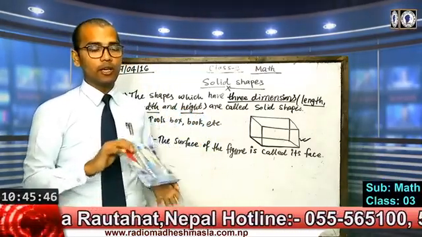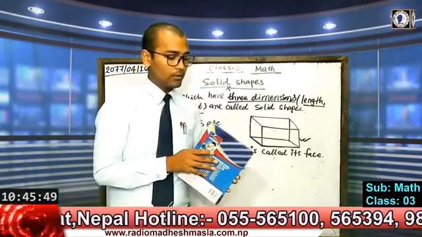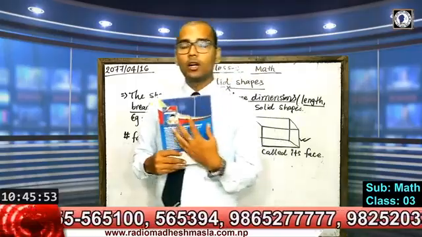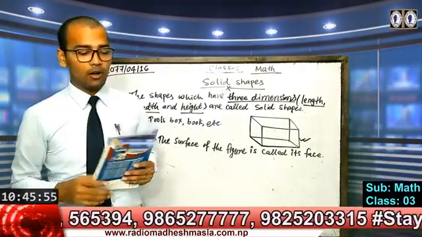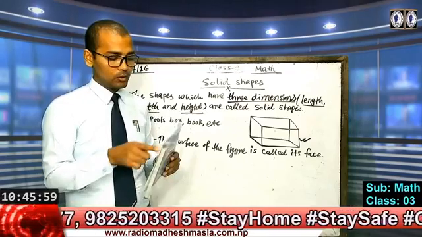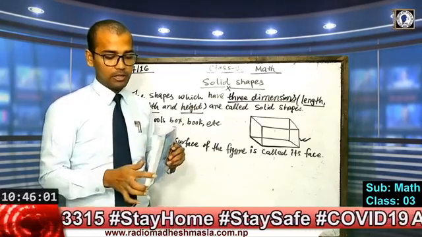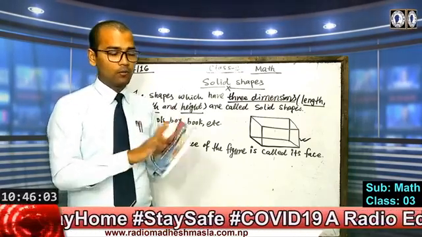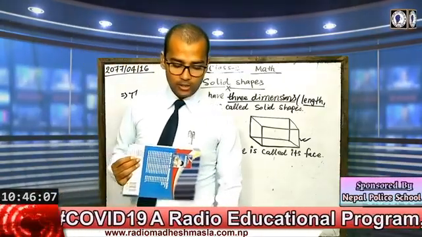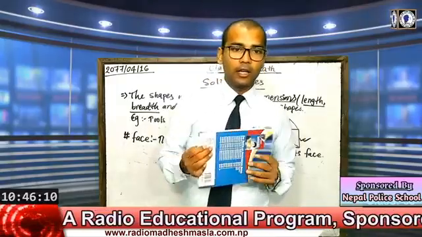In the same way, on the other side, the backward side of the book, that is also a face. Altogether in a book there are 1, 2, 3, 4, 5 and 6. So how many faces are there in our book?